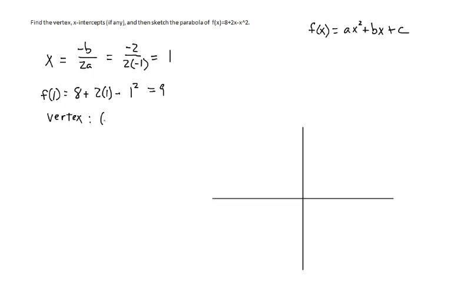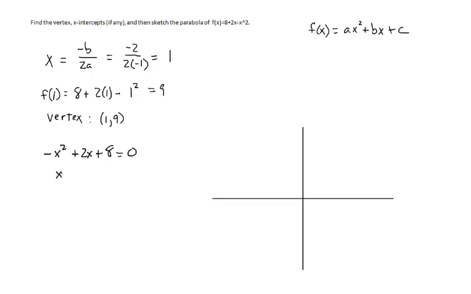is at (1, 9). And in order to find the x-intercepts, we're going to set our function equal to 0. So I have negative x squared plus 2x plus 8 is equal to 0. And now I think it's a little easier to find where this is equal to 0 if our x squared term is positive. So I'm going to multiply this entire function by negative 1.